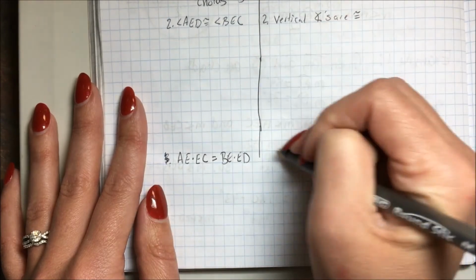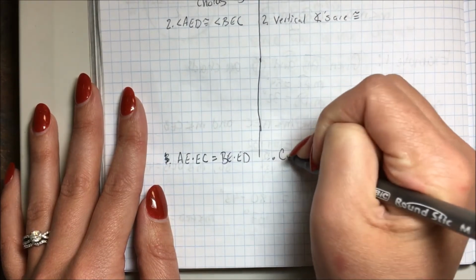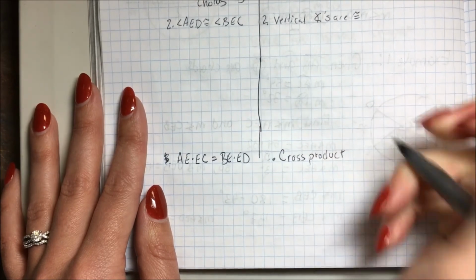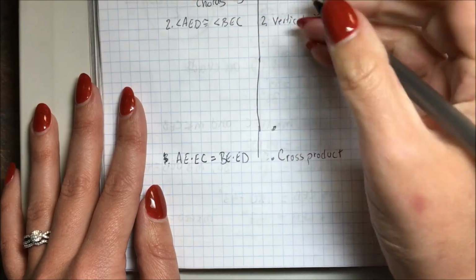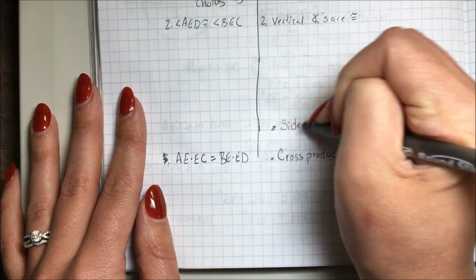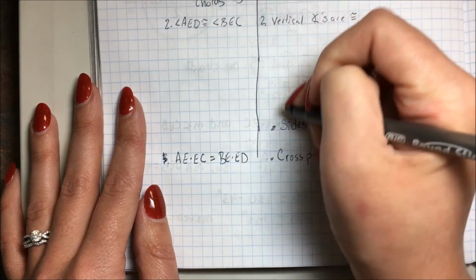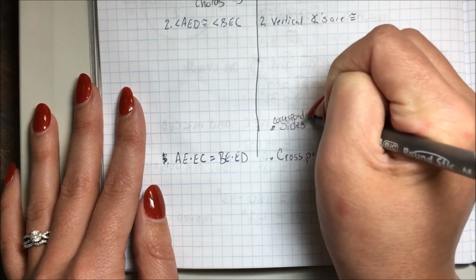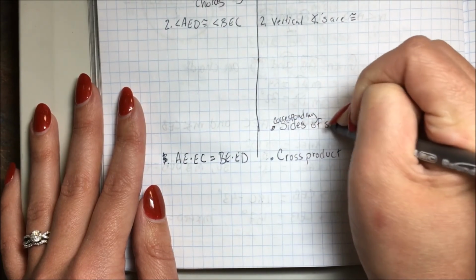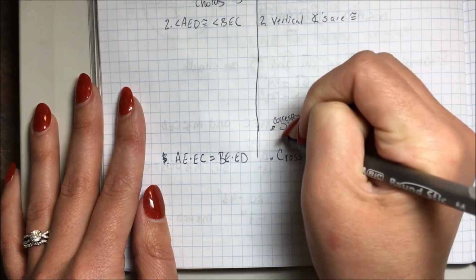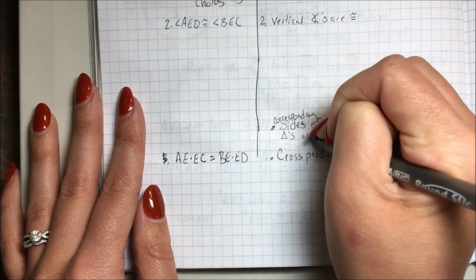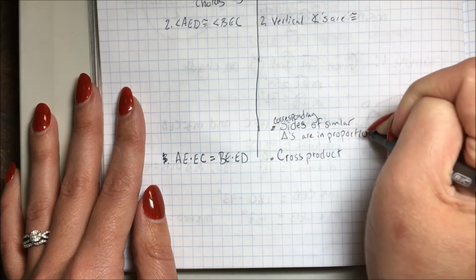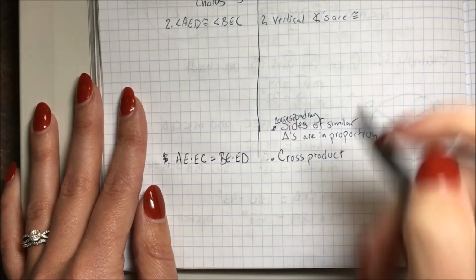I don't know what step that is. And if I need a cross product, I need to be saying that sides are in proportion. Corresponding sides of similar triangles are in proportion. But I'm going to leave you to figure out the proportion that is in the statement.